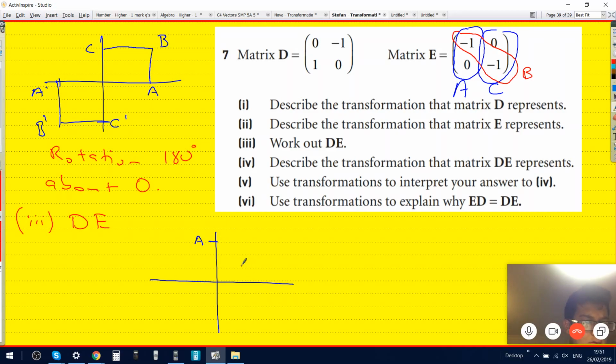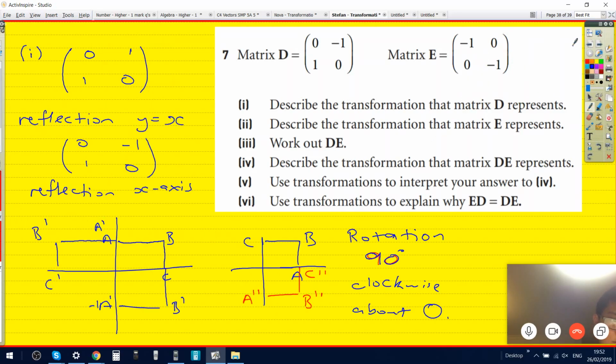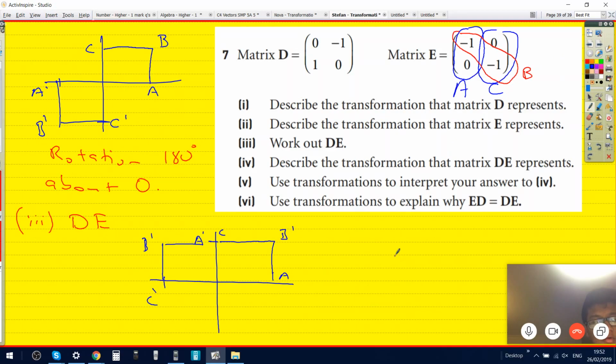Okay, I got 0, 1, minus 1, 0. What do you get? 0, 1.